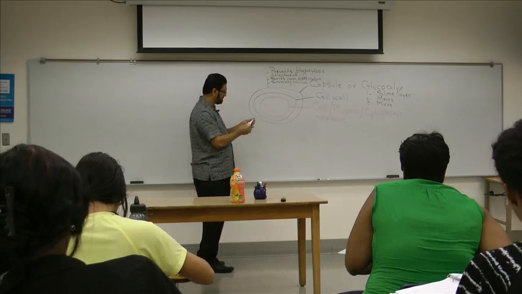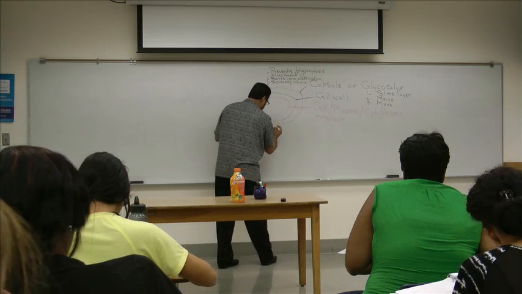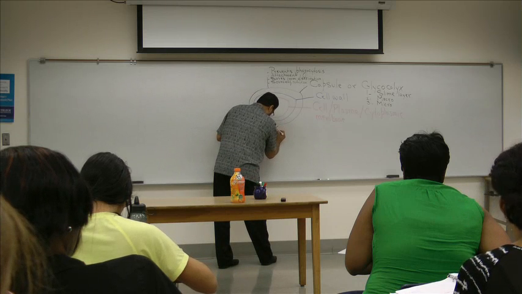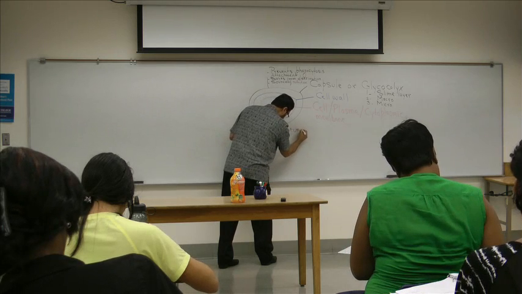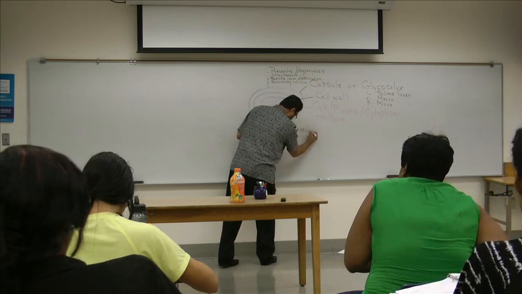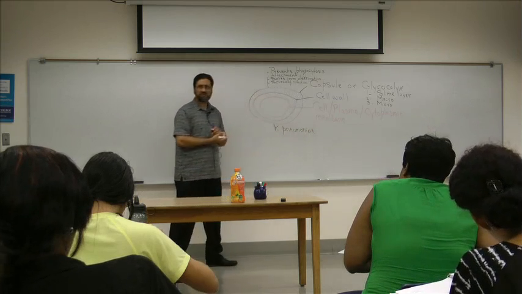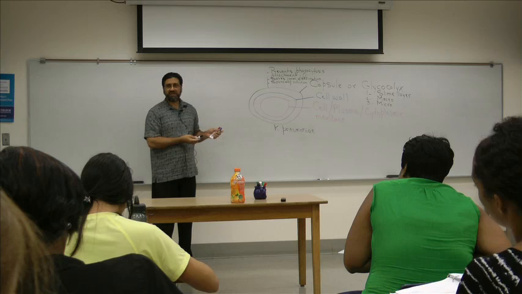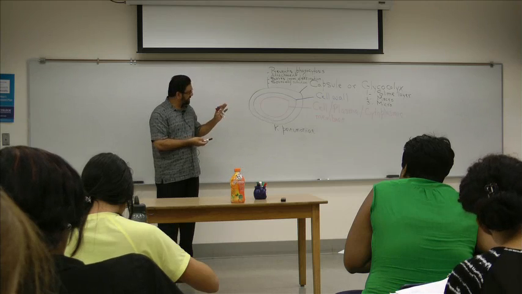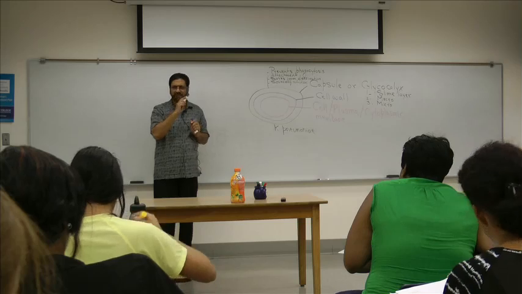Okay. Let me write this down. This is Klebsiella pneumoniae. This bacteria looks like this. Or it could be Streptococcus mutans. No, Streptococcus mutans will be round because that's its shape.